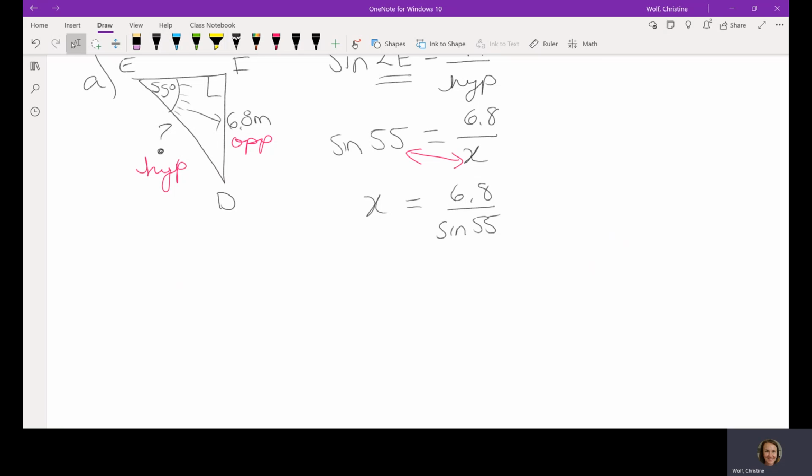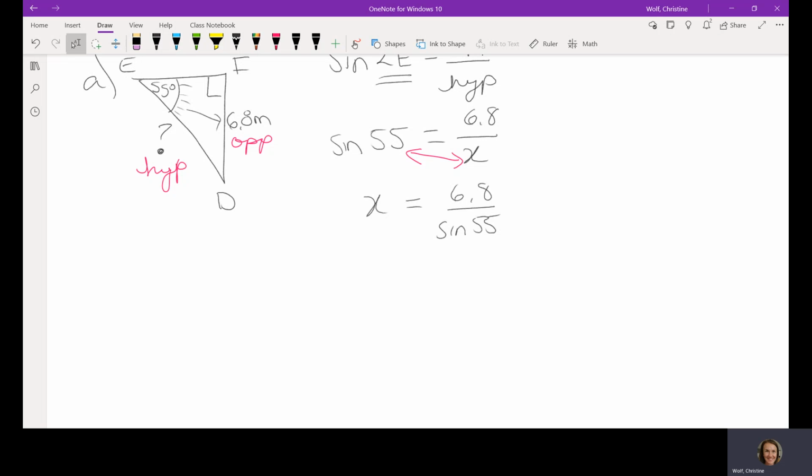So you have to go 6.8 divided by open bracket sine of 55. You have to do the 6.8 first. Some calculators, you have to go 55 sine first instead of sine 55. But here's the thing, some calculators are tricky. So listen, most of your calculators will actually do this.